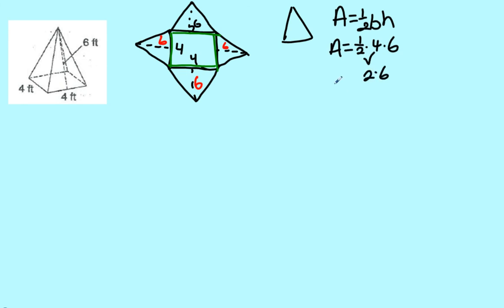They all have a base of 4 and a height of 6. So our area is 1/2 base times height. In this case, our base is 4, our height is 6. So half of 4 times 6, so 2 times 6 is 12.